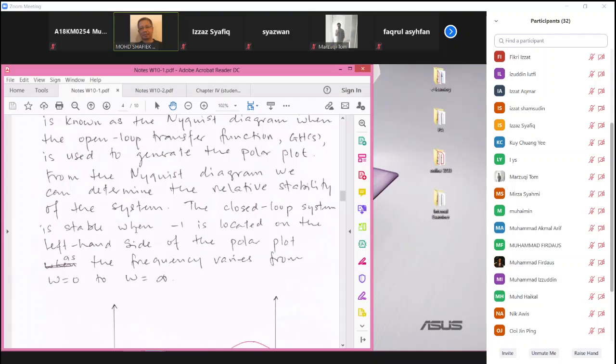From the Routh table, we can know whether the system is stable or not. But here, in addition to that, we can also know how far away we are from instability. So first of all, how do we know from the Nyquist diagram whether the system is stable or not?